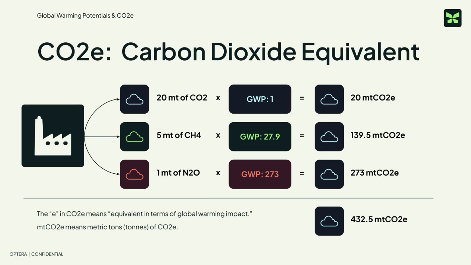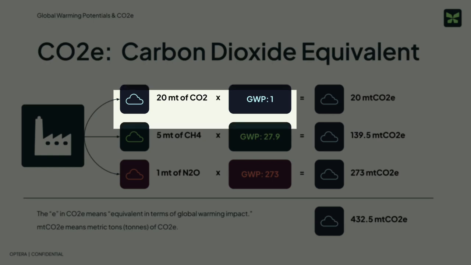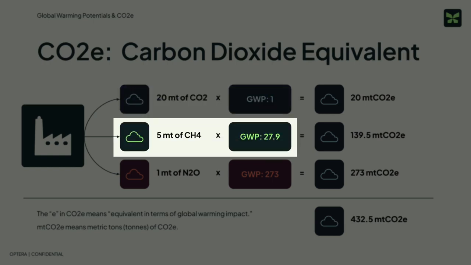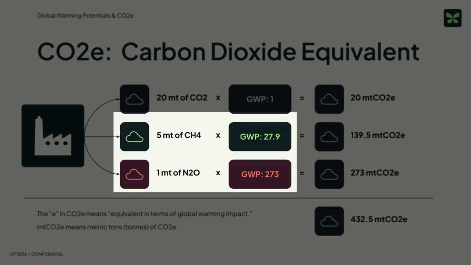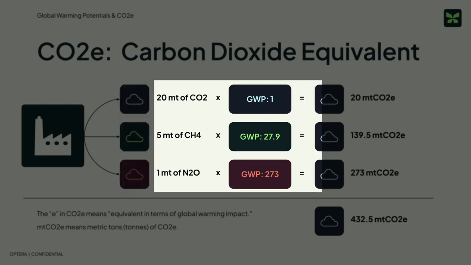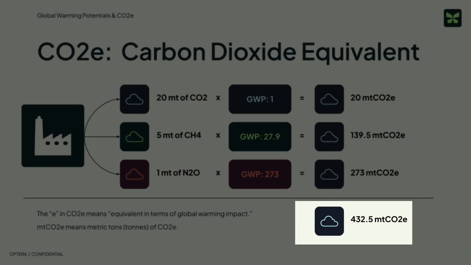For this example, it would be 20 metric tons of carbon dioxide times 1, 4 metric tons of methane times 27.9, and 1 metric ton of nitrous oxide times 273. Once you multiply each gas by its global warming potential, that gives you the CO2e, and then you would sum all those values together for the total carbon dioxide equivalent of your manufacturing plant.